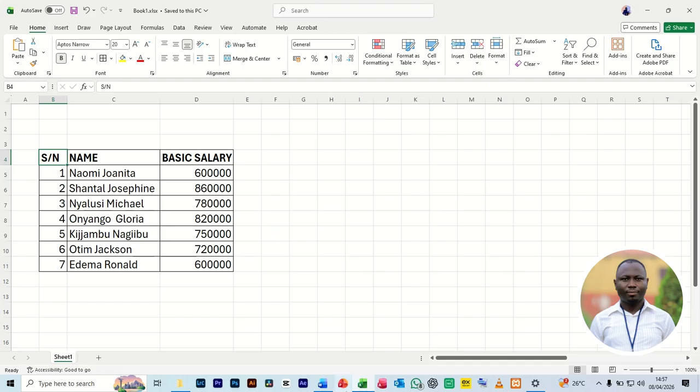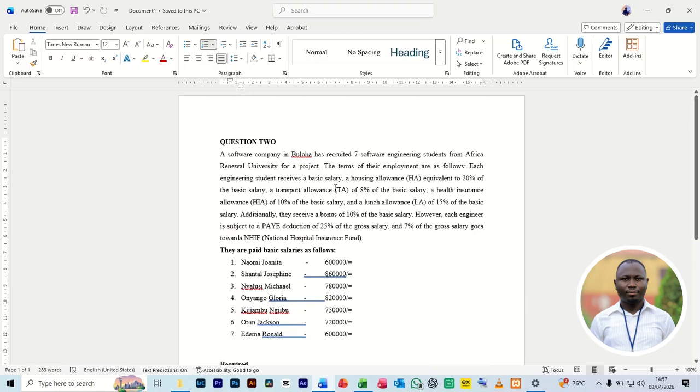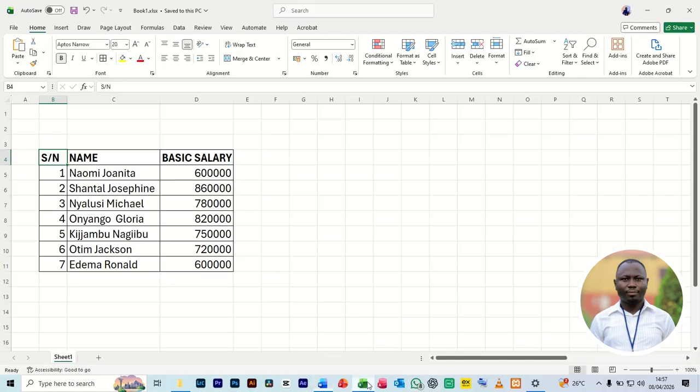We go to the next part of the question, which is saying calculate the total allowances of each person. If we look at the allowances, we have the very first allowance, which is housing allowance. To make this not look very long, I'm going to abbreviate it as HA, for housing allowance.